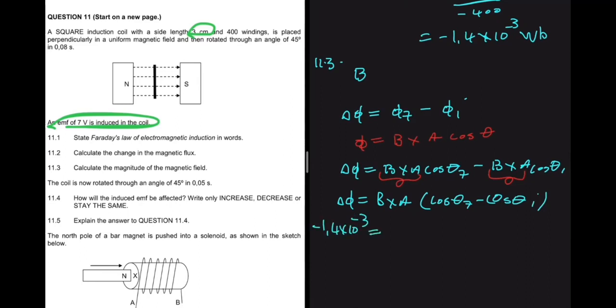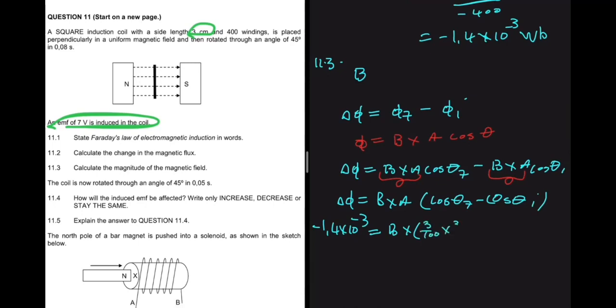That will be equal to the strength of the magnetic field, what we are looking for, and then the area. For the area, we're given the length of the side as 3 centimeters. We have a square, so length times breadth will just be side multiplied by side. But the problem here is that the length is given in centimeters, and we know fully well that in physics we are dealing with meters, so we have to convert that to meters by dividing by 100.